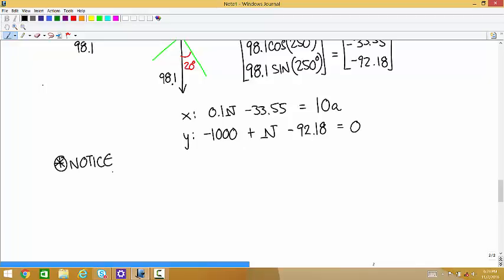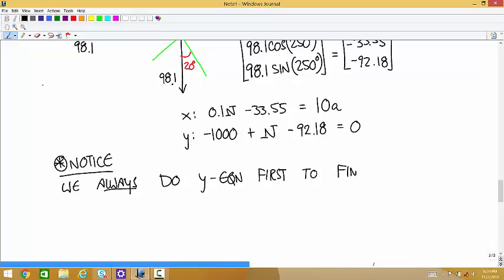So notice, we always solve this by doing the y equation first, to find N. And then plug that into the x equation.